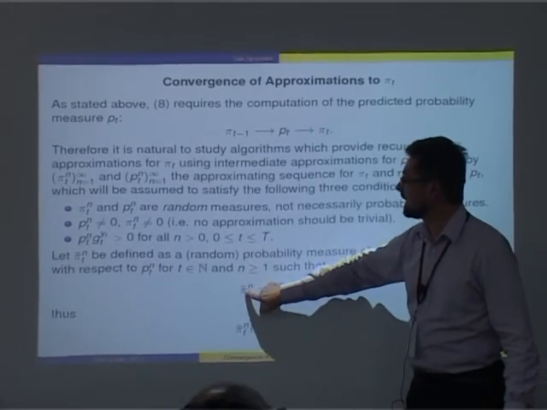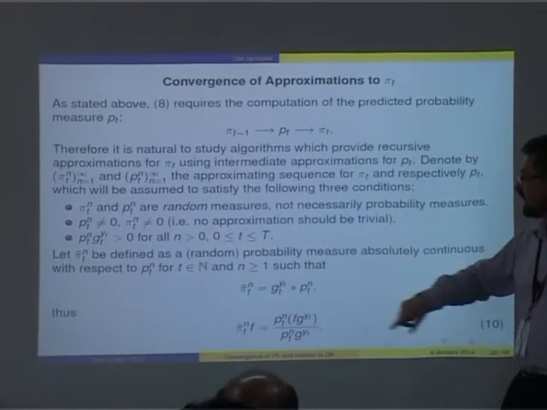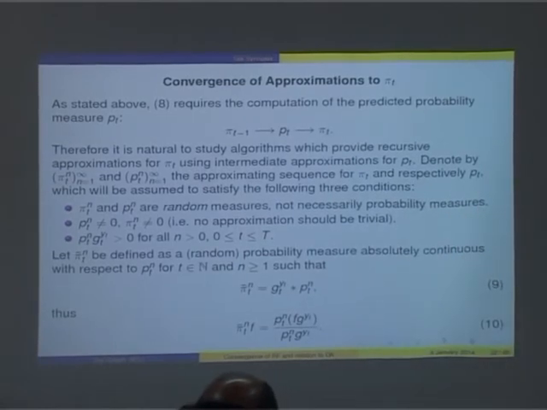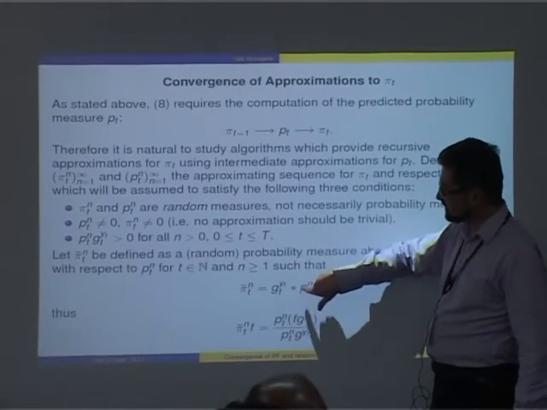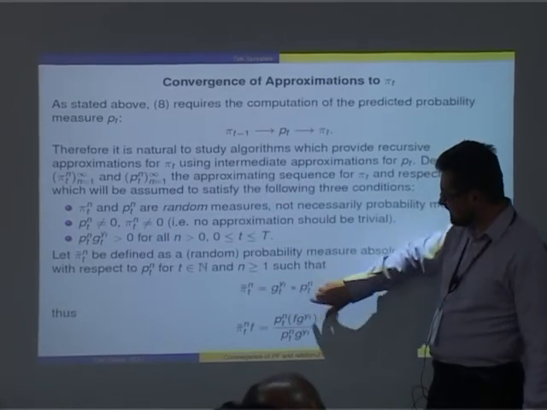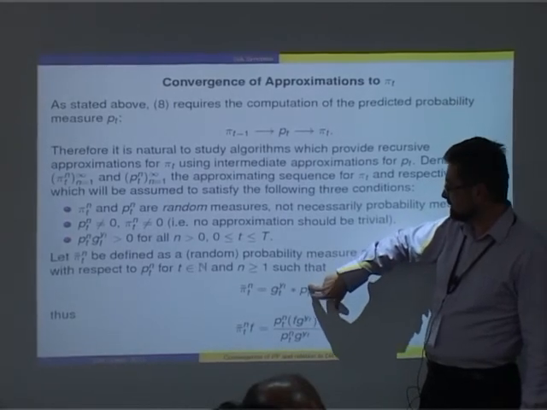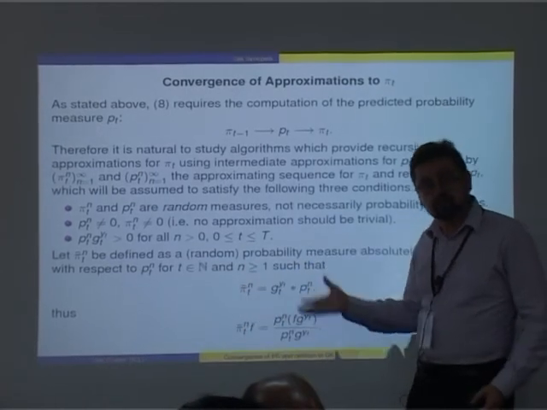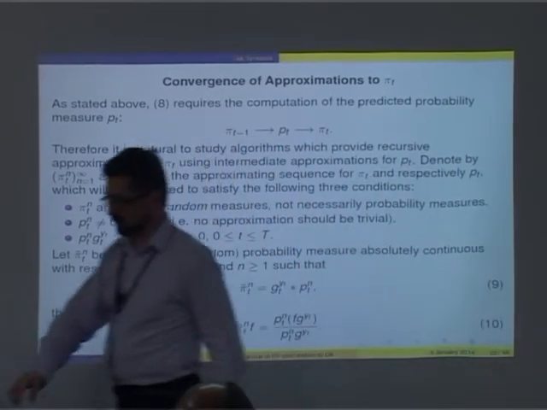Now, I'm not saying that this one, Ptn bar, is the same as Ptn. I'm not saying that this one has to be the approximation for Ptn. And indeed, even for particle filters, it is not. But this is what I would get if, instead of the approximation, I had Pt here. If I put Pt here, and I take the projective product with Gt, then I get pi t. So ideally, I should get this. Okay, so that's the notation for that.